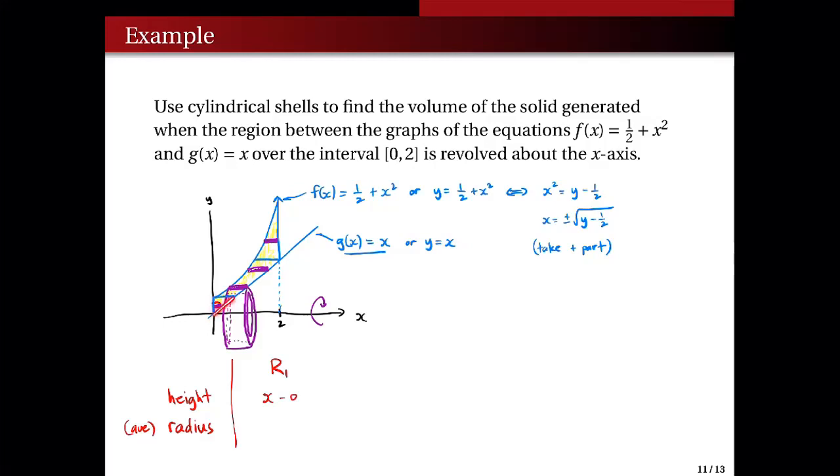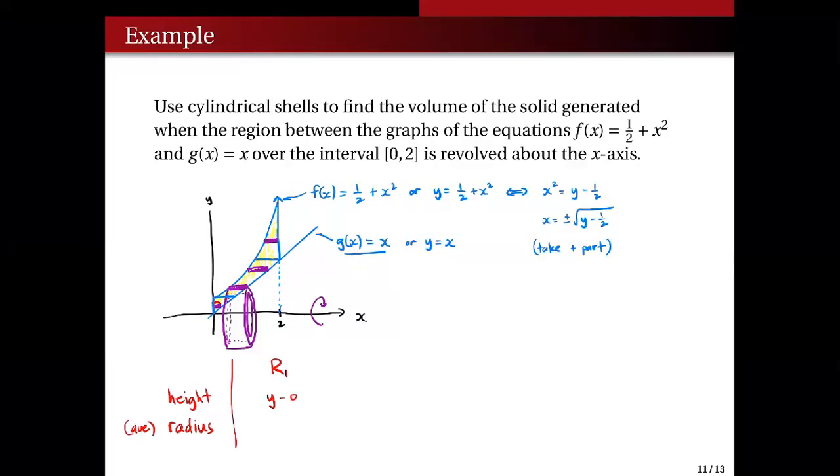This guy here has equation x equals y. Sorry, the height that we will use is not x equals 0, but y equals 0. It's not x minus 0, but y minus 0, because we need the variable y.